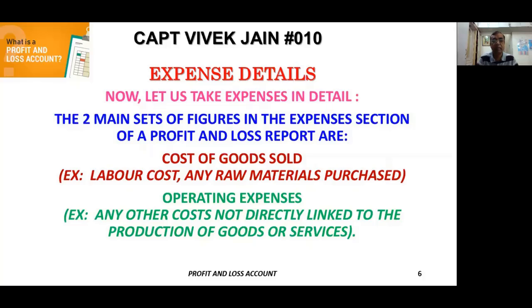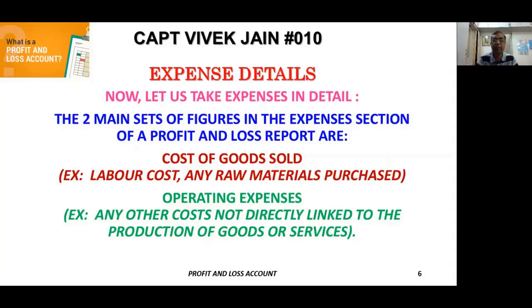Now let's come and see the expenses in detail. The two main sets of figures in the expenses section of a profit and loss report are cost of goods sold, number one, and operating expenses. Cost of goods sold will definitely include the cost of the labor or any raw materials purchased.